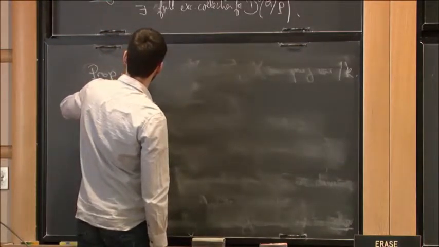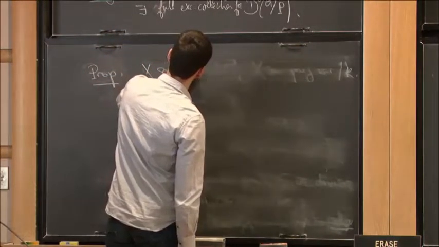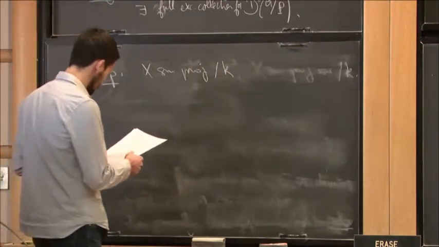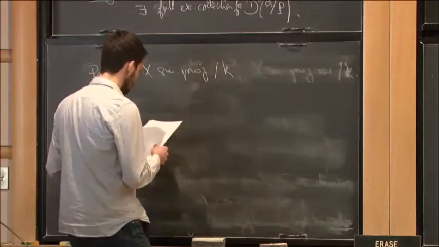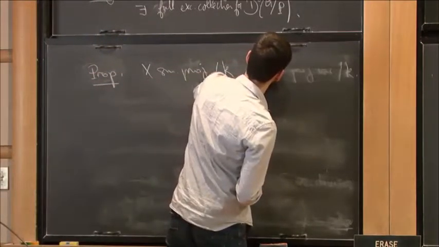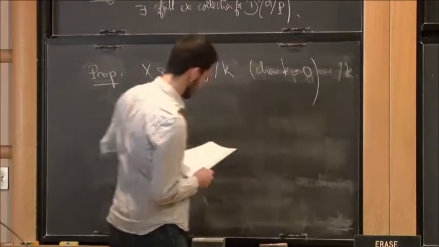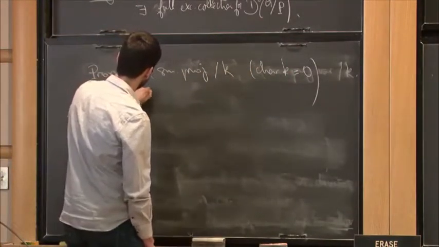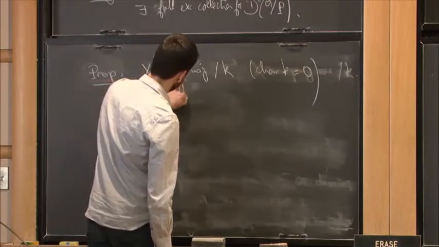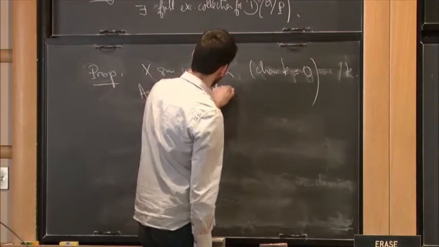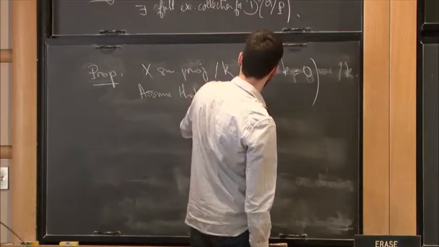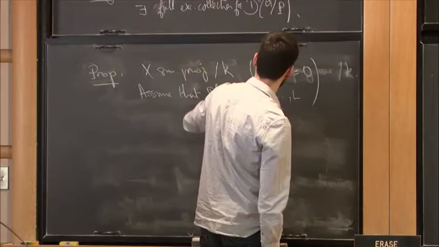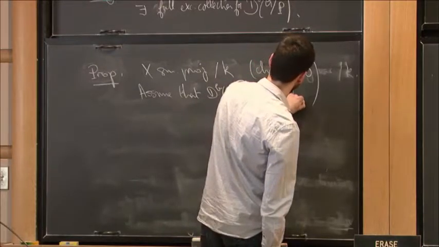We have X smooth projective over k, and at that point we need the characteristic of k to be equal to 0. So we assume that D^b of X is generated by L_0, ..., L_n.